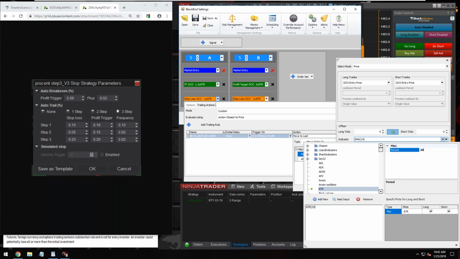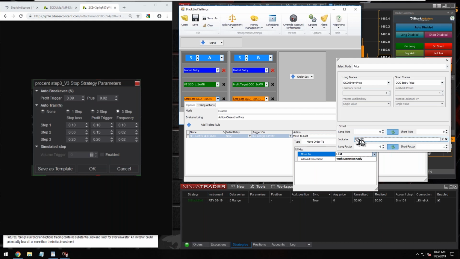Let's set that up to a 20 period, so that way all the ATRs are using the same period. Let's see here. All right, so we've got the ATR loaded in there, and now the offset factor is going to be a positive 0.2. So I just used the keyboard to type in 0.2. All right, so there we go.